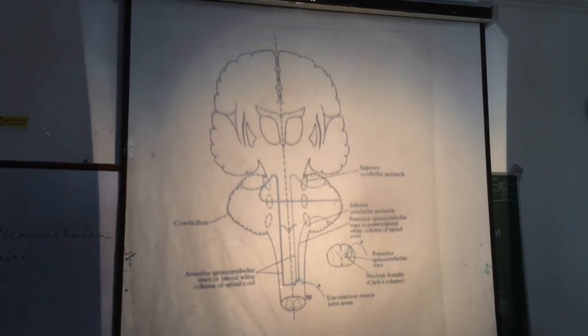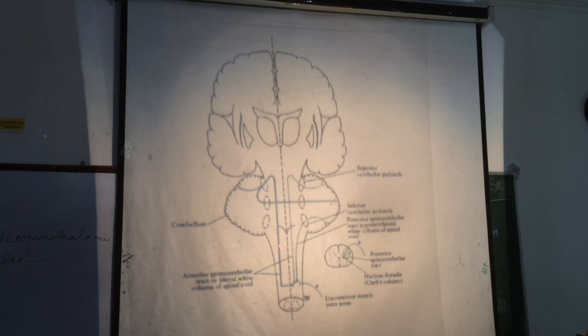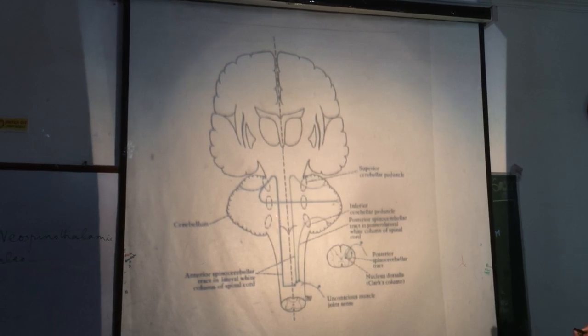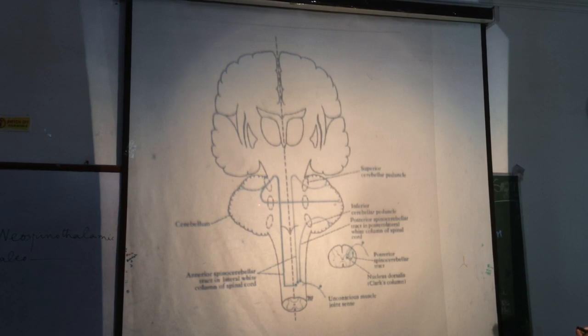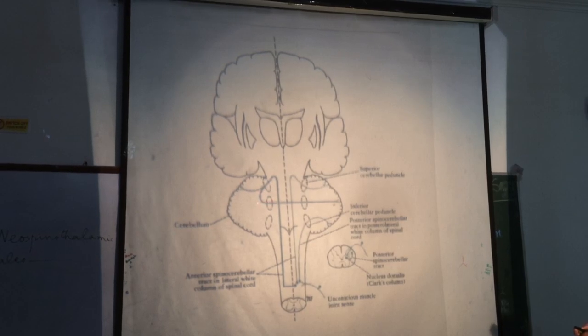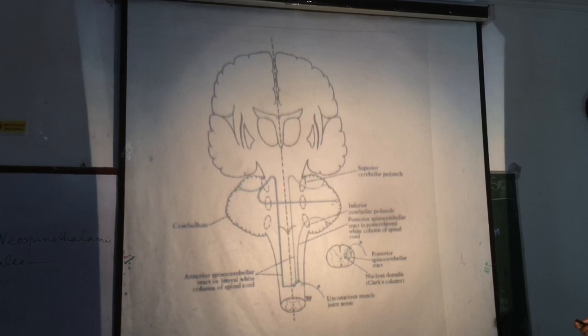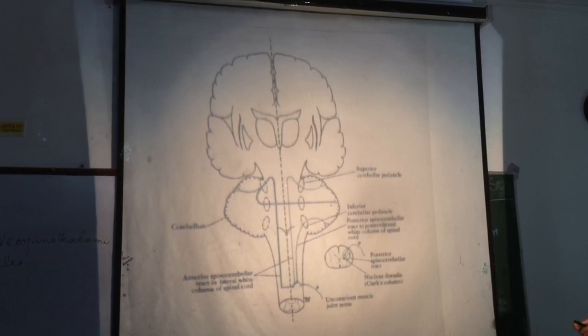The tract ascends in the spinal cord, then enters the medulla, pons and midbrain.